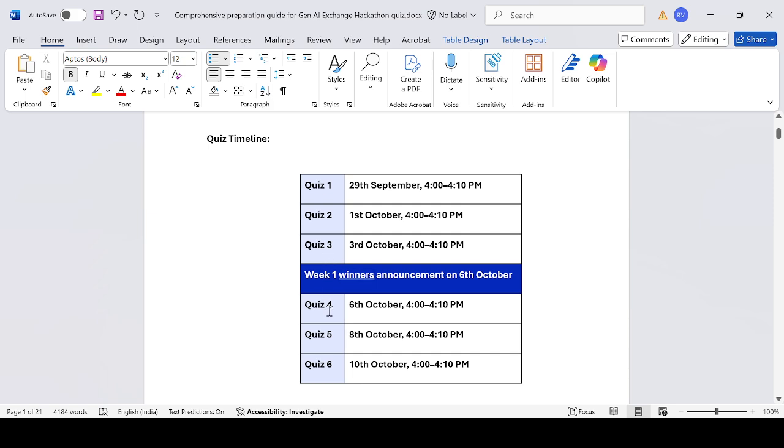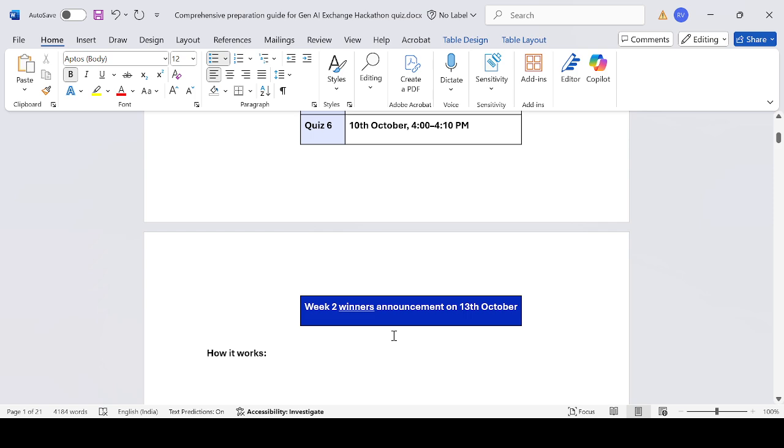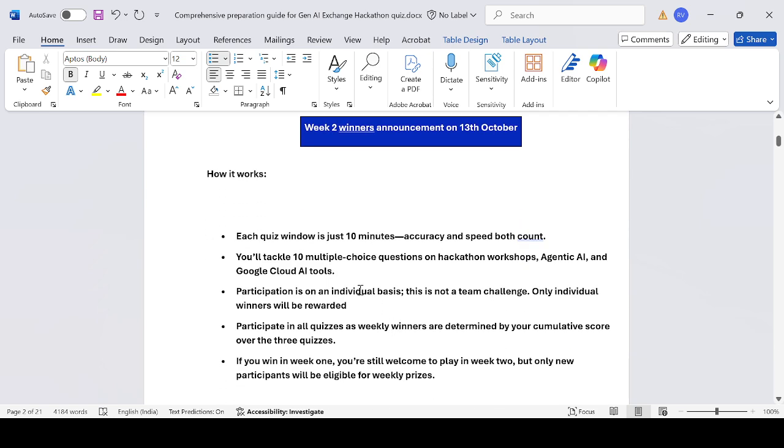Following that, we'll also have a quiz starting from 6th October to 10th October, and the week two winner will be announced on 13th October. So I'll be sharing these details. Whoever is interested, I encourage you to participate.